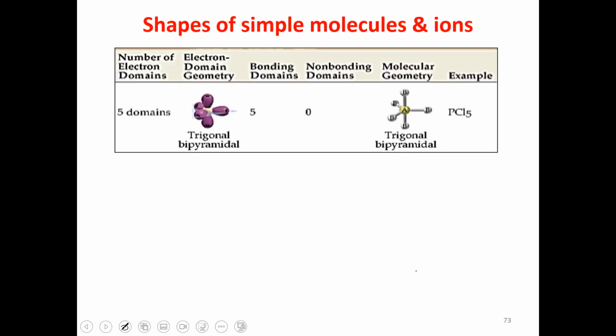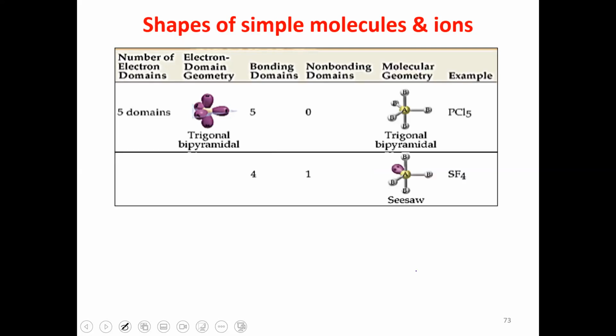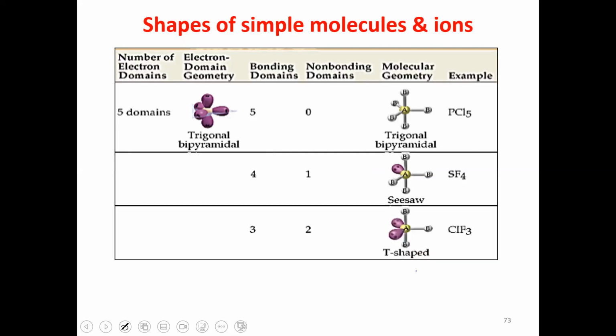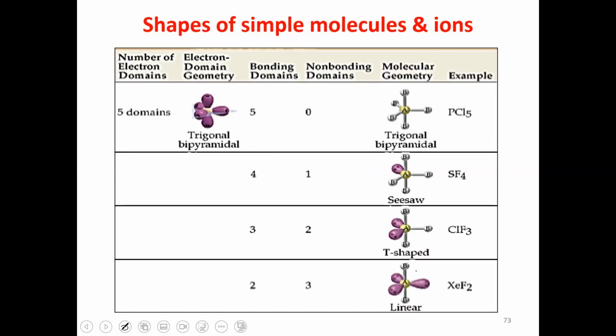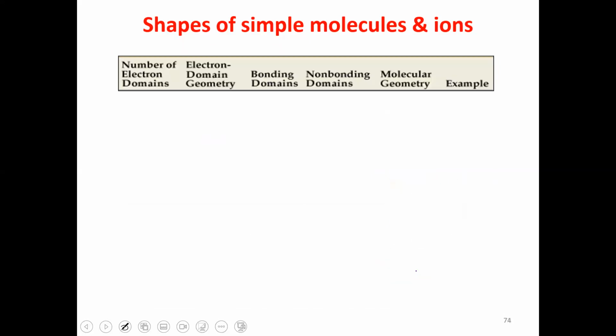Shapes of simple molecules. This is sometimes very challenging in the paper because PCl5 and some other compounds come from memory. But if they give you a new structure, then it will be a problem. So you always have to remember some basic ones and use them to work out other ones. For example, if you remember CCl4, you can also talk about CH4.